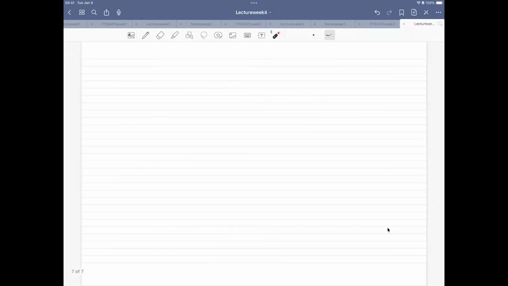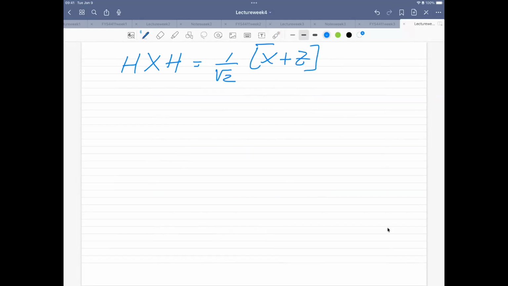Okay, so we also have some other operations which are useful to look at, but let's now look at this Hadamard with a Pauli X with this one. So when we set it up, this is the same as 1 over square root of 2 times a Pauli X plus a Pauli Z, multiplied with a Pauli X, and then a Pauli X plus a Pauli Z multiplied with 1 over square root of 2 here.